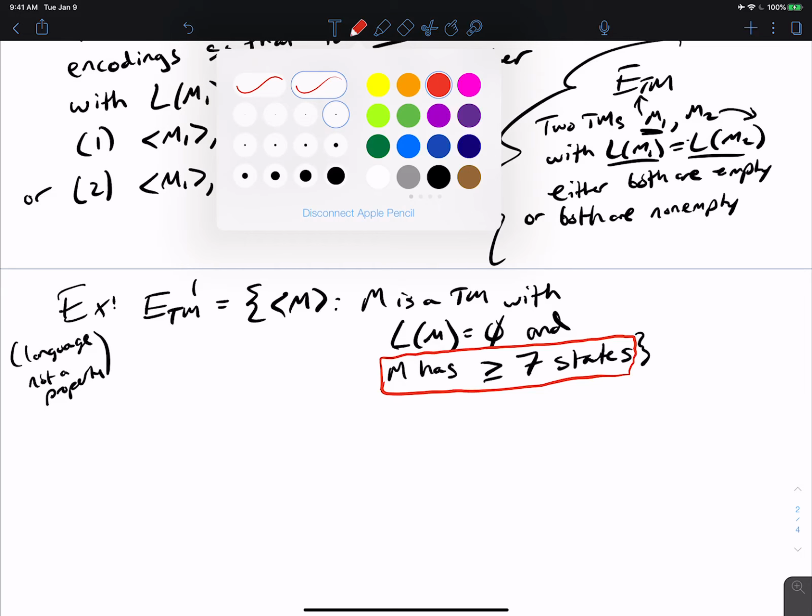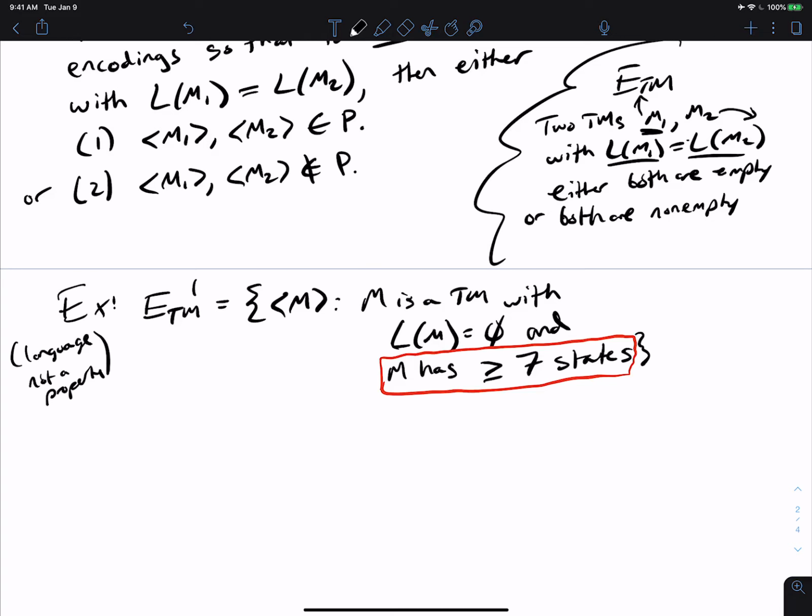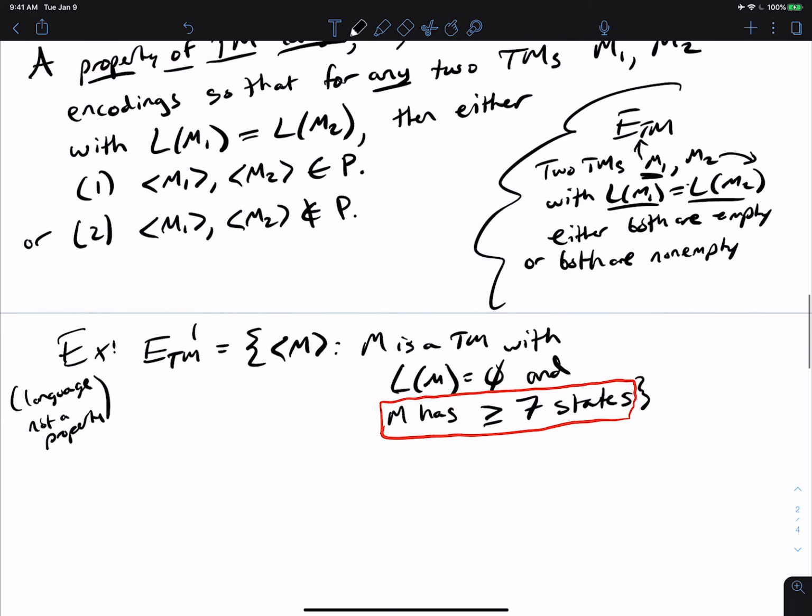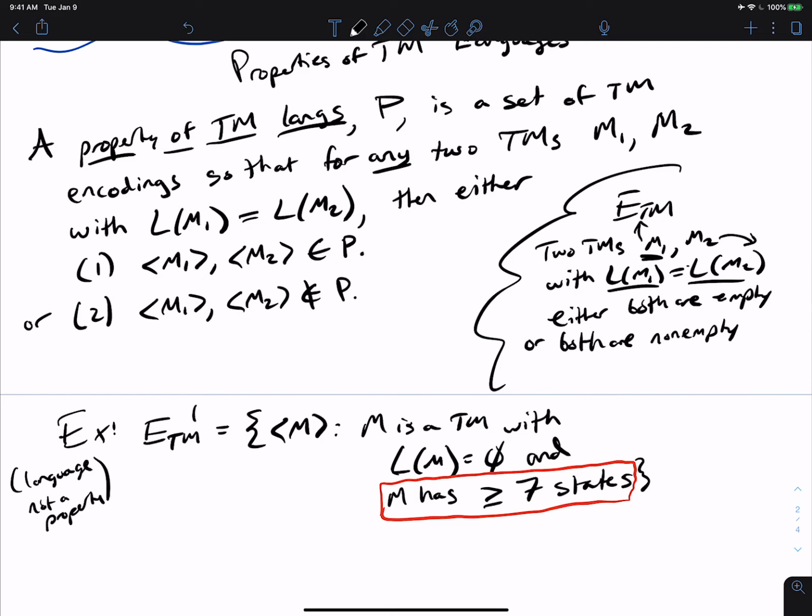So here, if you have 2 Turing machines with the same language, then it is possible that one of them is in ETM prime and the other one is not, because one of them could have more than 7 states and the other could have fewer than 7 states. So ETM prime is not a property of Turing machine languages, whereas ETM, the original one, is.